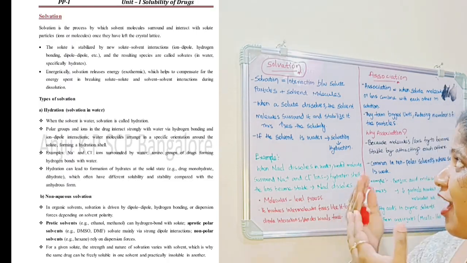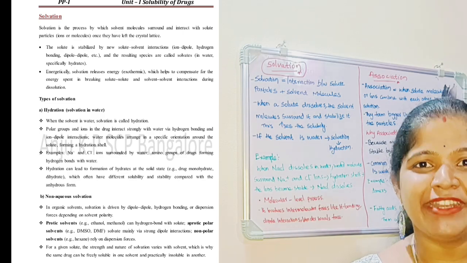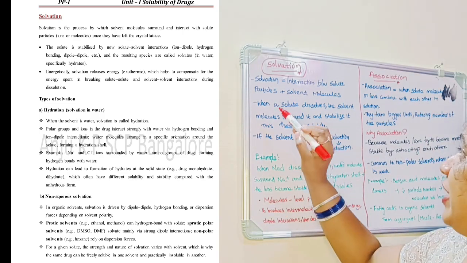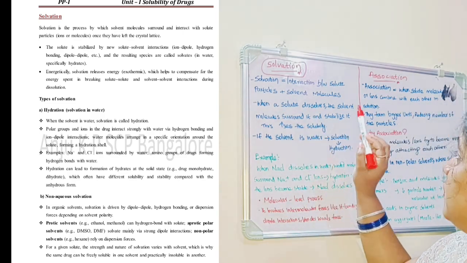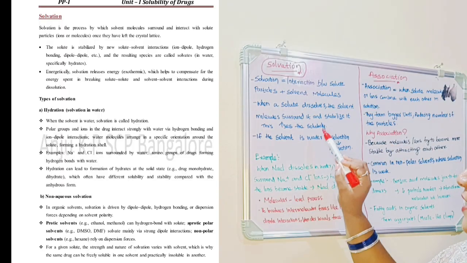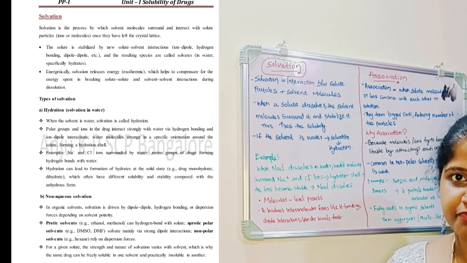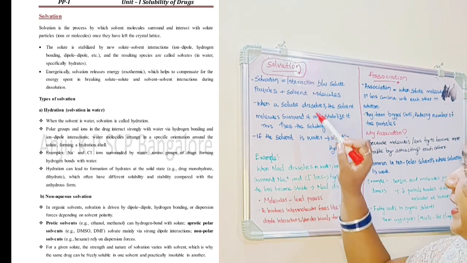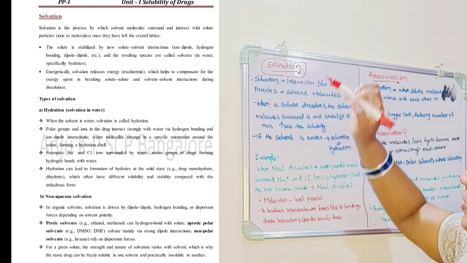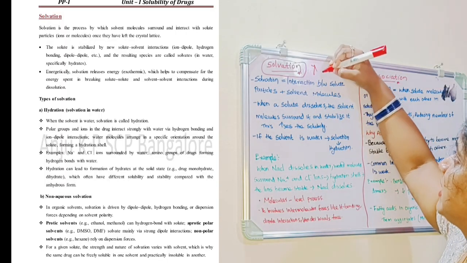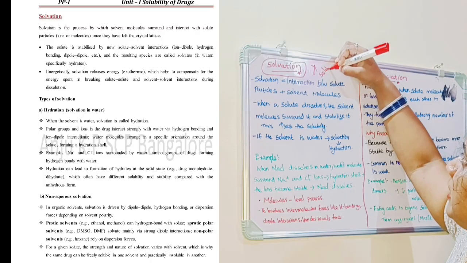It's a love between the solute and solvent. When a solute dissolves, the solvent molecules surround it and stabilize it, thereby increasing the solubility. So in the case of solvation, it increases the solubility.